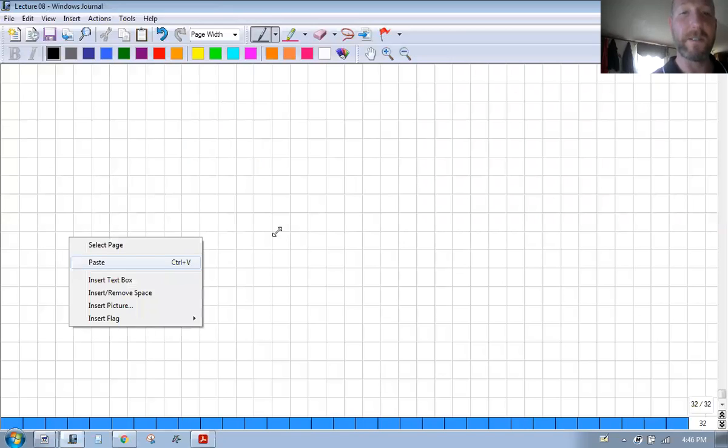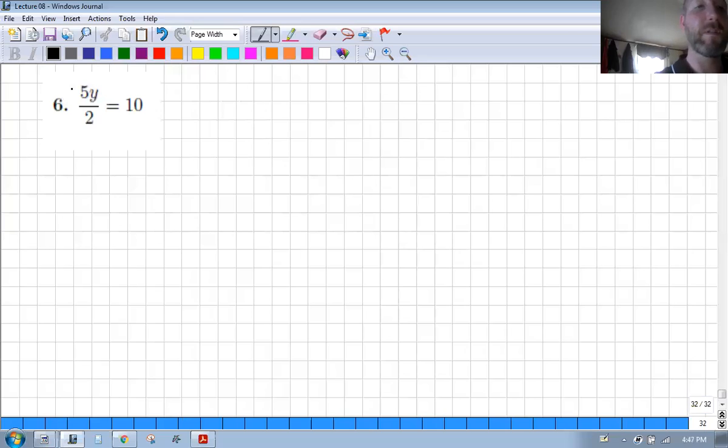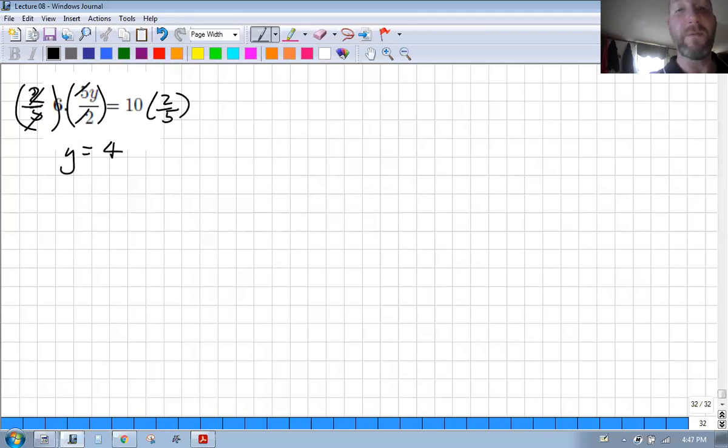All right, let's sketch this graph. Let's see, if we multiply both sides by 2 fifths, we have y equals 20 over 5, which is 4. Y equals 4. If we're going to graph this, 1, 2, 3, 4.